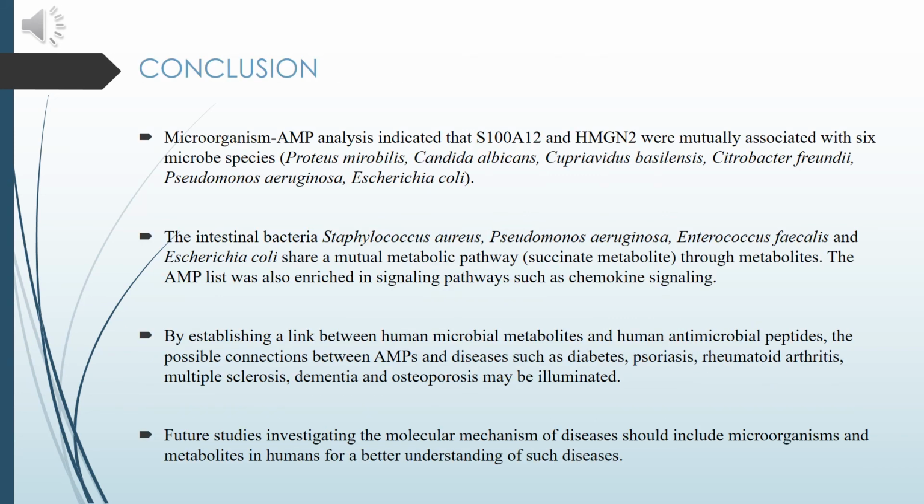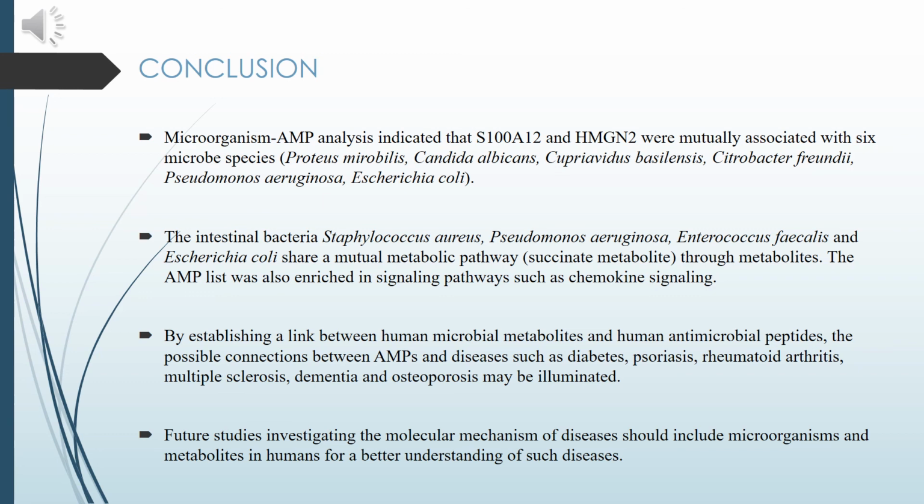In conclusion, in this study, our analysis indicated that there were 2 AMPs mutually associated with 6 microbe species that I have mentioned here, and also 4 of the intestinal bacteria, including E. coli, share a mutual metabolic pathway, which is through the metabolite succinate.